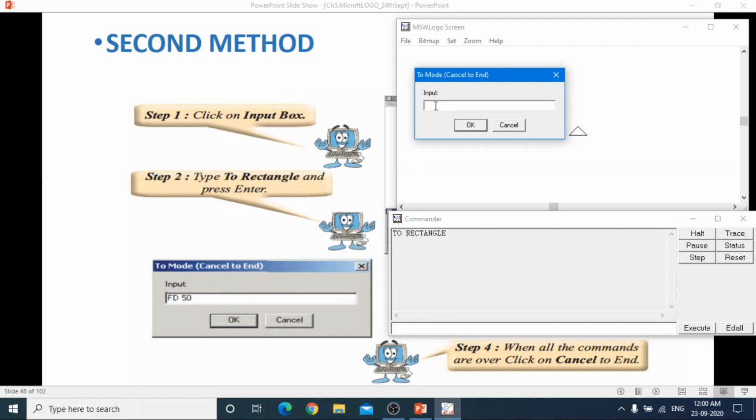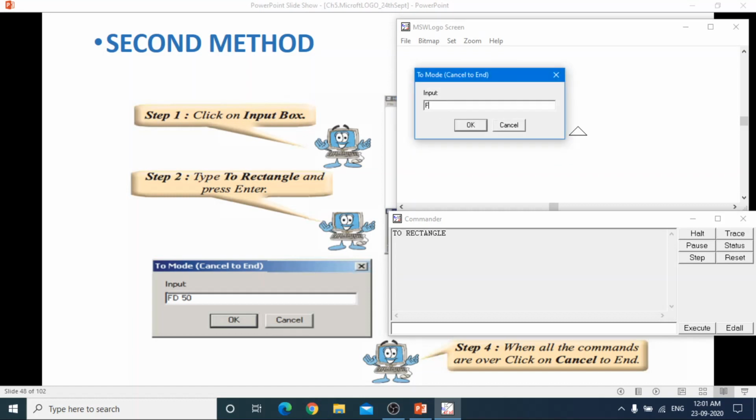Here you have to write the procedure to draw the rectangle, and for a rectangle, remember, opposite sides are equal. Not all sides are equal, only opposite sides are equal. So you have to give equal numbers of steps to alternate FD commands. How? FD 200, then RT 90 one time.